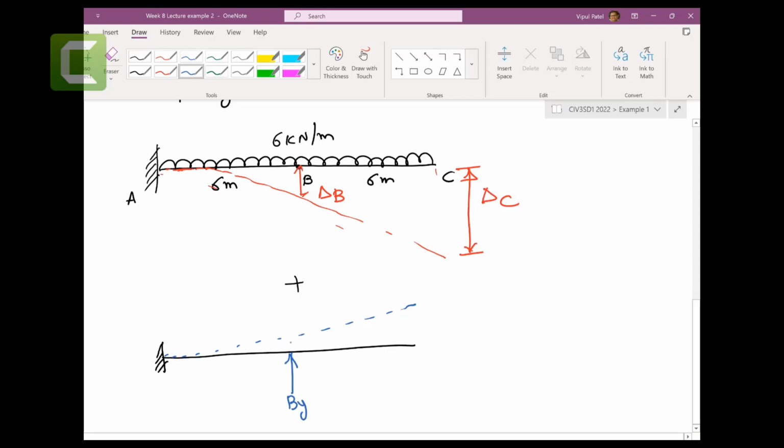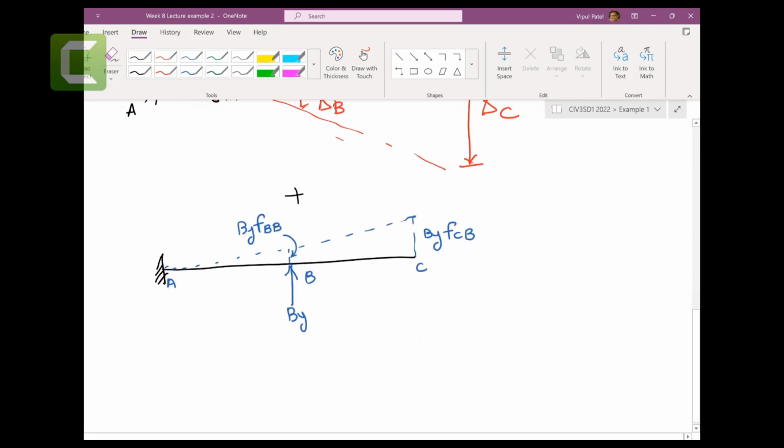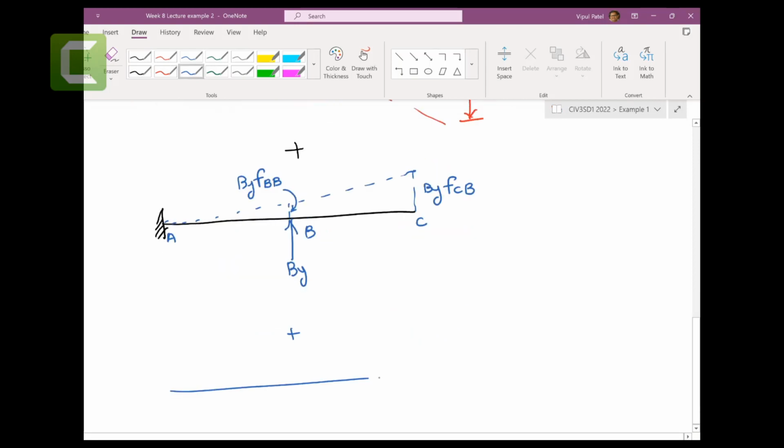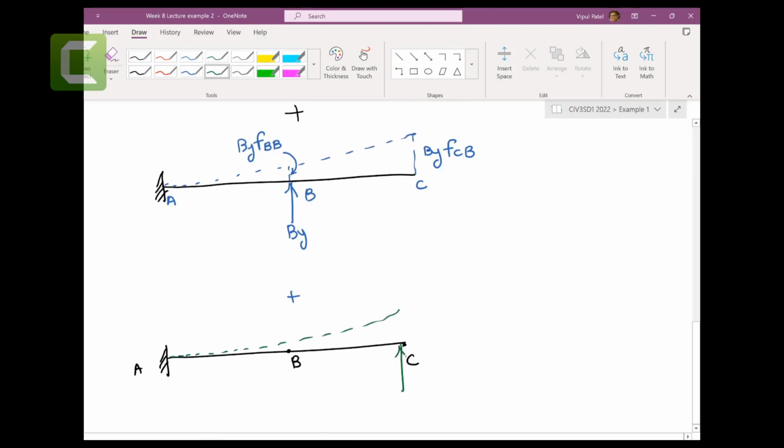And due to this BY at this particular point, you get BY deflection at B due to the load at B. And in here, at point C, we have BY deflection at C due to the load at B. I hope you understand that. And there is another one, A, B, and C. There is another one that we're going to apply, CY here.